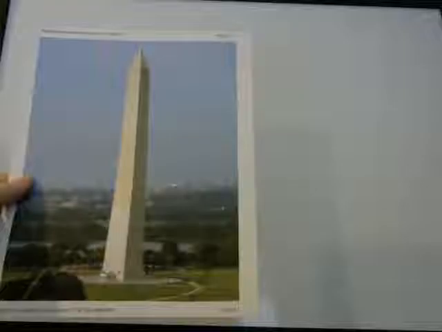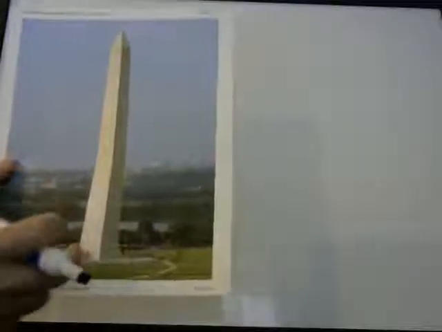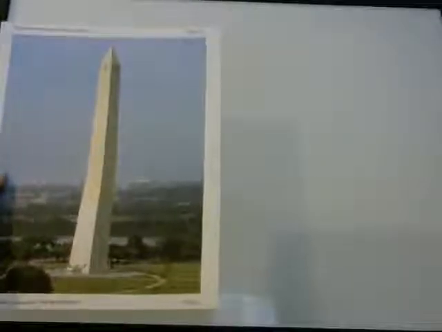So the first one I'm going to start with is a rectangular prism with a pyramid on top. And so you can think of that as the Washington Monument. It flares out at the bottom, but if it was straight up and down, a rectangular prism on the bottom, and then there's a pyramid on the top. So this is a composite figure. I'm going to try and actually draw something that looks like that.